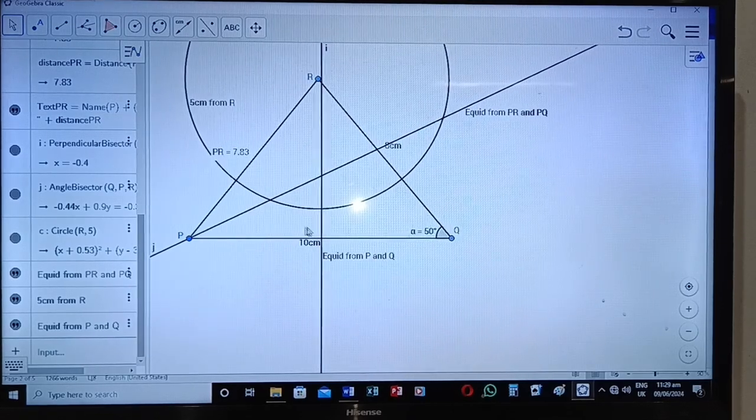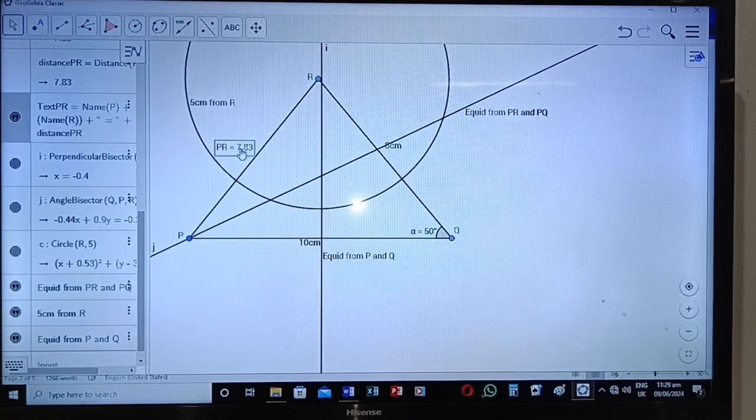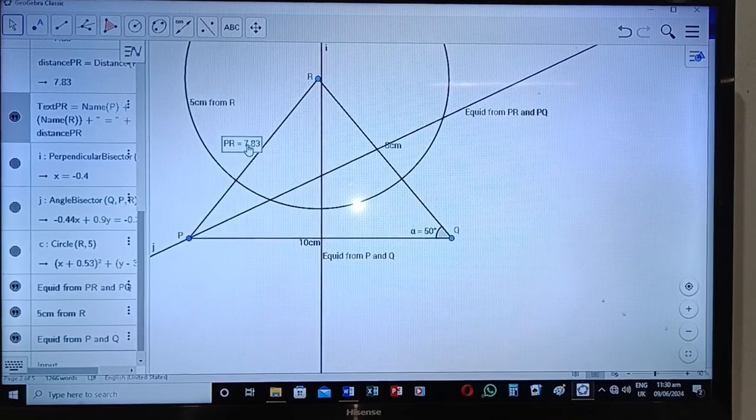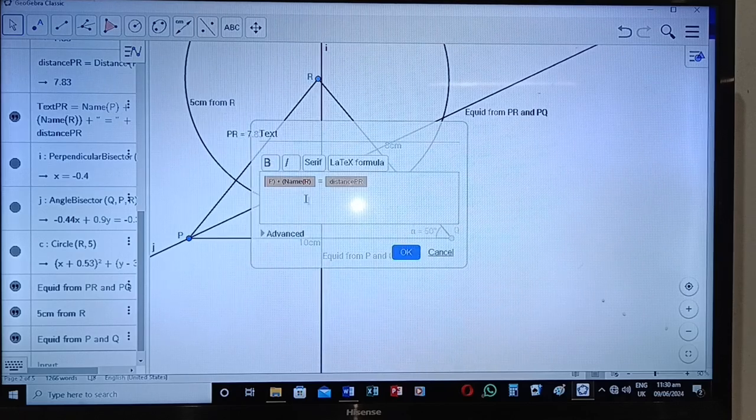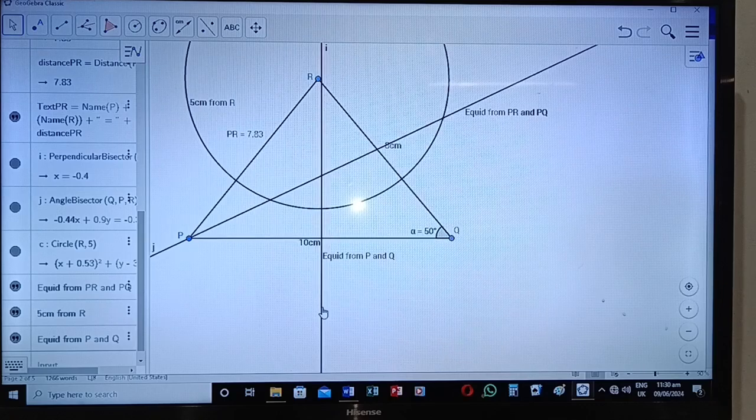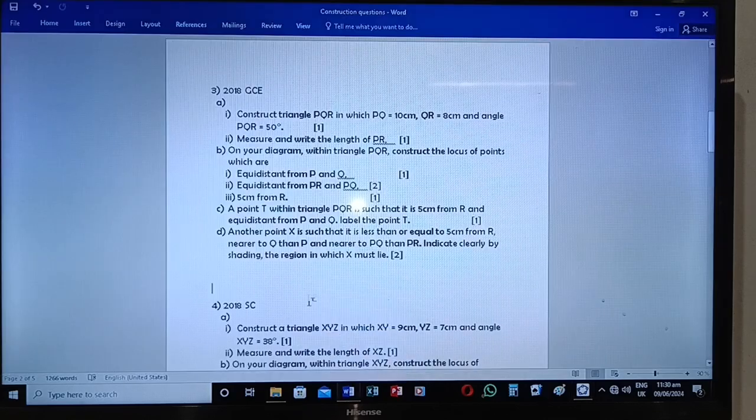Then PR is actually this one, yes, it can be put there. Okay, so now, once that is done, we can move on to the next question.